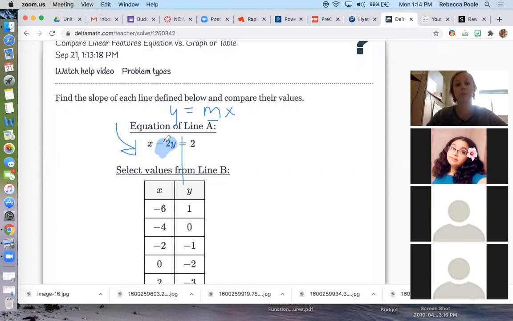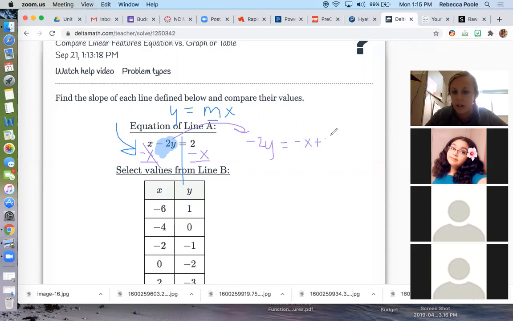What do we need to move? X. How do I move a positive x? Subtract. Good. Some of y'all getting all the extra credit points. Good job. Subtract x, speak up so you can get your points. And then what are we left with? Negative 2y equals what? Tell me what would be on the other side. Negative x plus 2. Good.